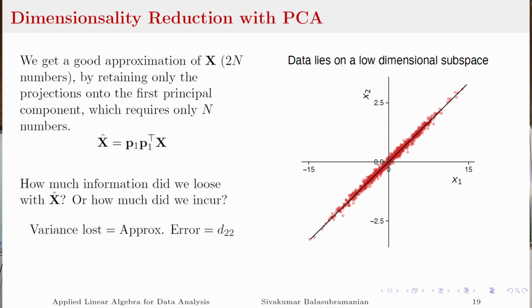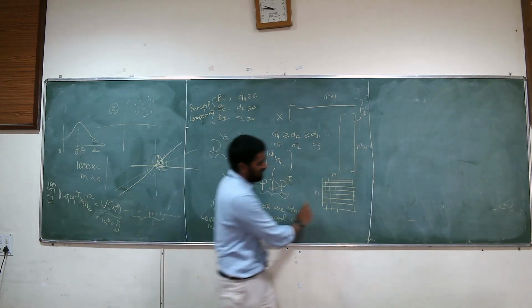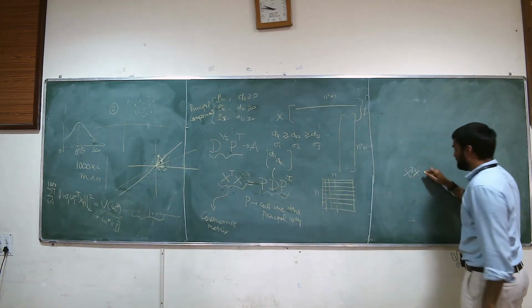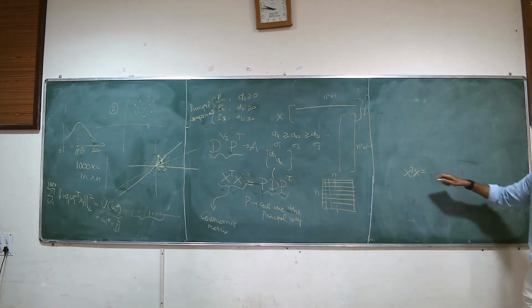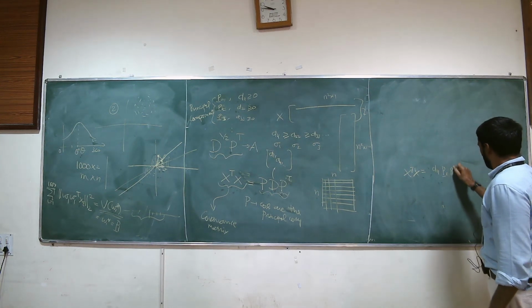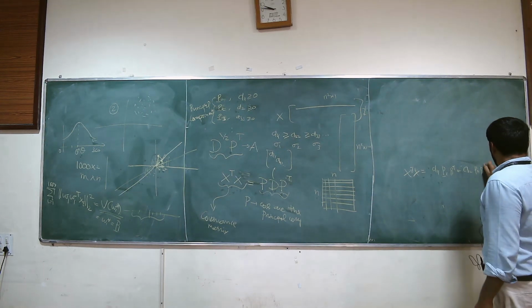So now, if you simply drop the D22 term, if you expand X transpose X, what you will get is D11 P1 P1 transpose plus D22 P2 P2 transpose.